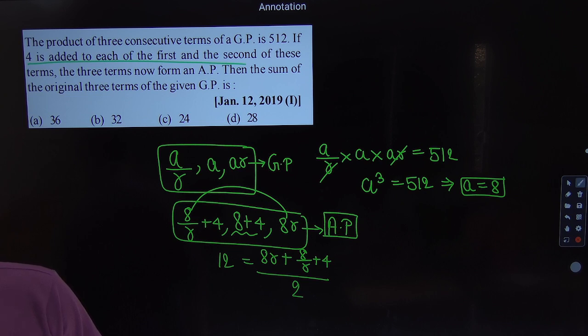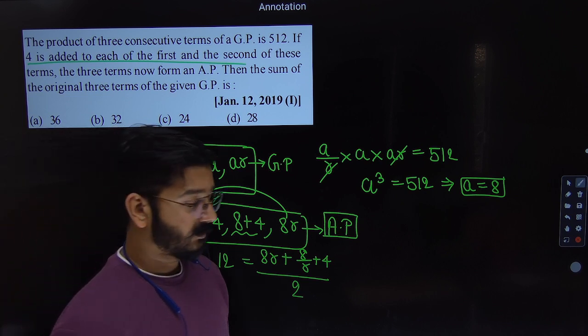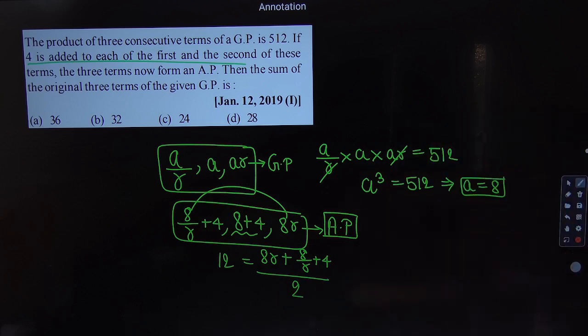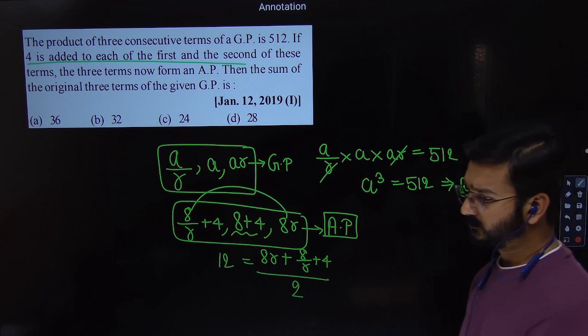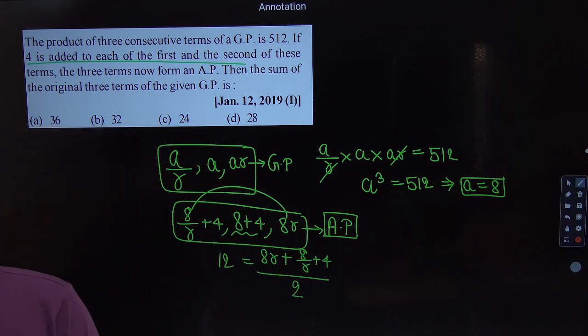Anas, what is the value? Any value for R?